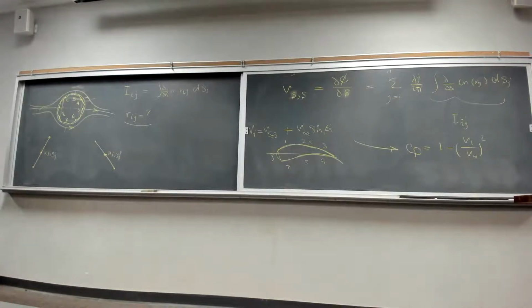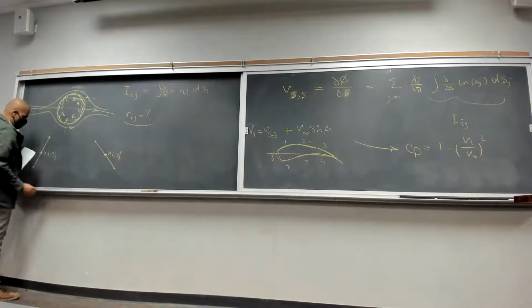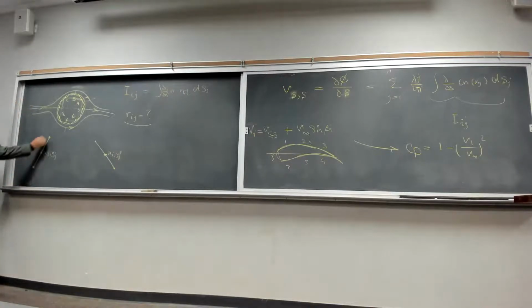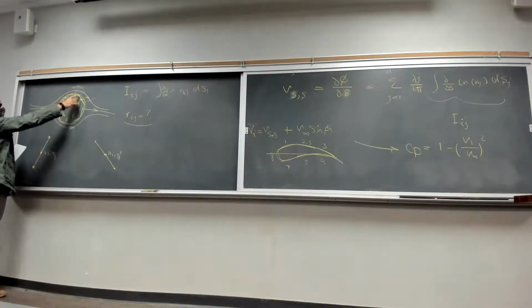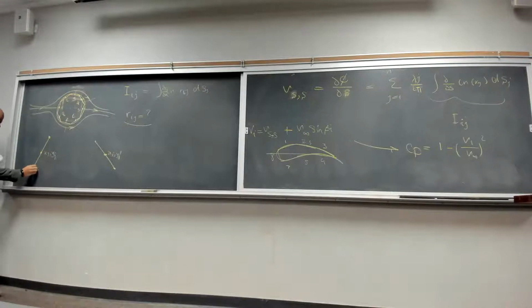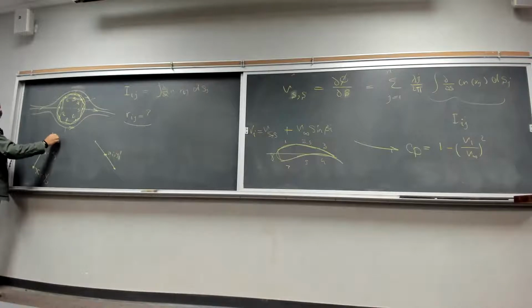So essentially, we are assuming that we have the location of these two panels. These 2 points, which are the ending points of any panel, we are going to call capital X J and capital Y J, capital X J plus 1, and capital Y J plus 1.